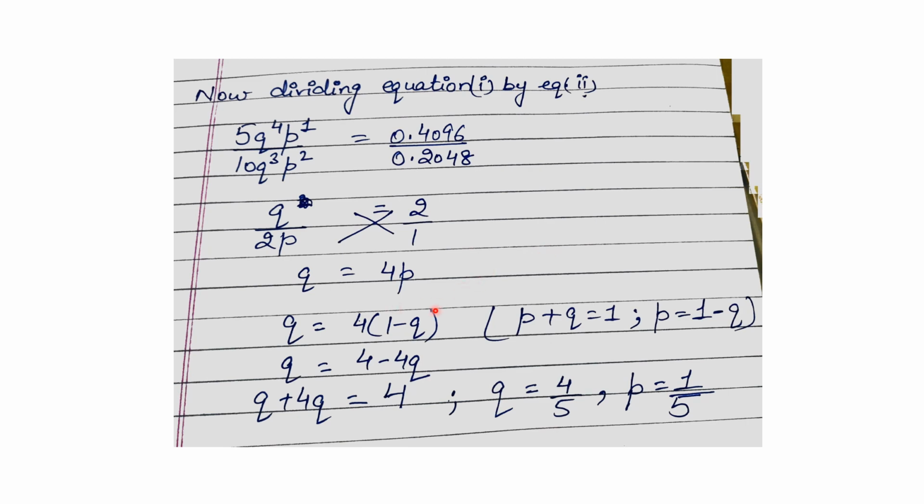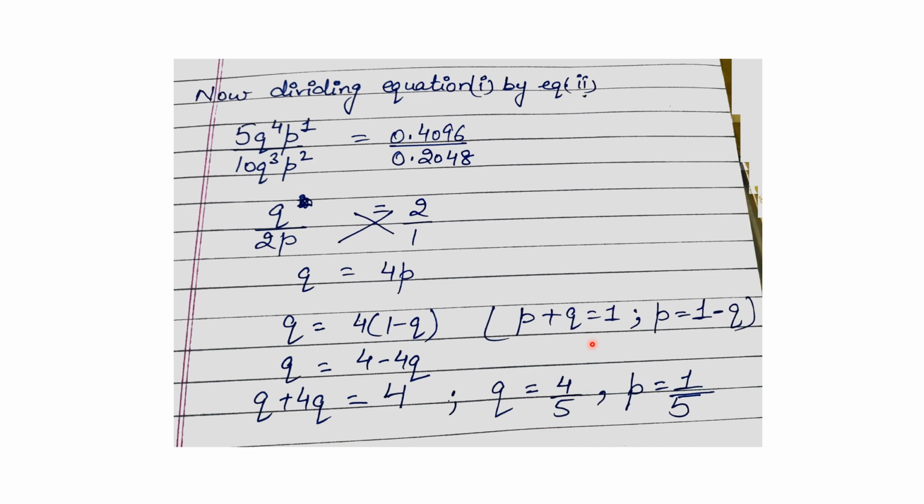Now, as we all know, the basic rule of probability, that probability of happening of an event plus probability of non-happening of an event is equal to 1, or we can say probability of success plus probability of failure is equal to 1. And from this equation, you can calculate the value of either p or q, whichever suits you.